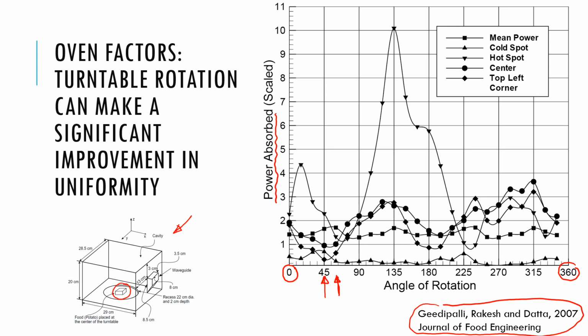The food, of course, rotates with the turntable. What we will see is the power absorption at one fixed location inside the food as it rotates with the turntable. First, we choose a location where consistently higher values of energy are deposited.